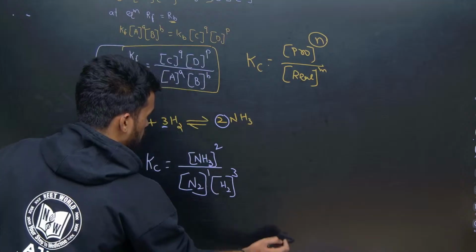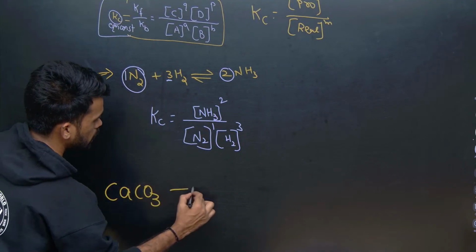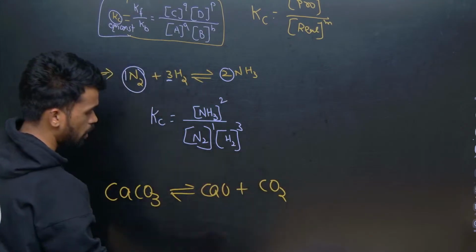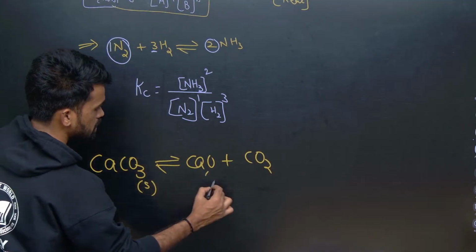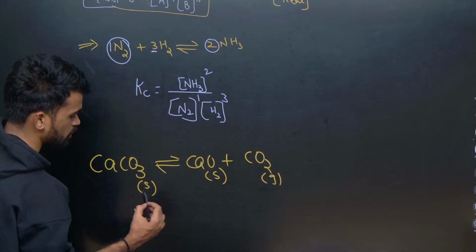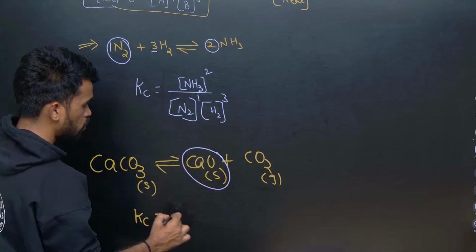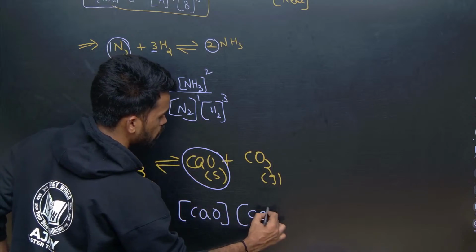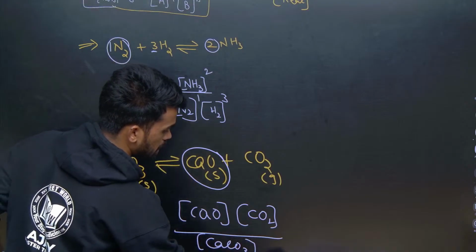For example, here I am writing CaCO3 upon heating decomposes to form CaO plus CO2. Now if you want to write Kc for this reaction, this is solid, this is also solid, and this is gas, right? So if someone asks you to write Kc for this reaction, what can we write? Concentration of CaO and concentration of CO2 by concentration of CaCO3, generally we would write like this.